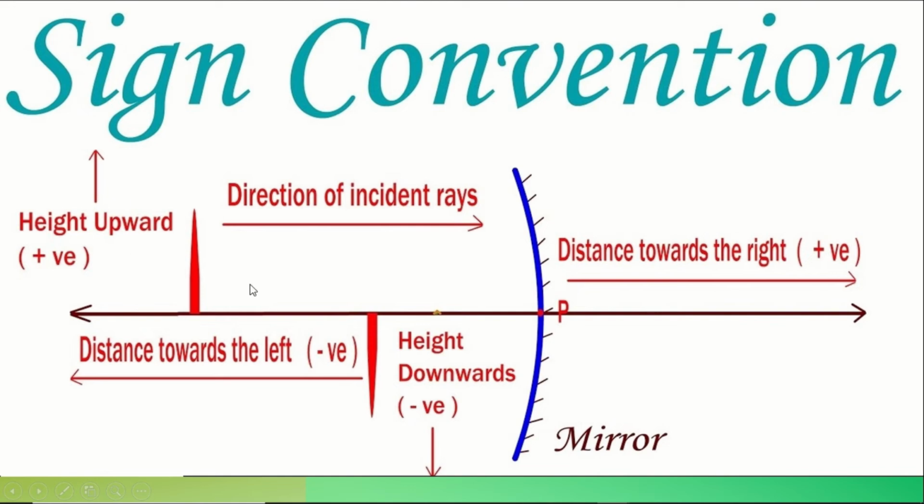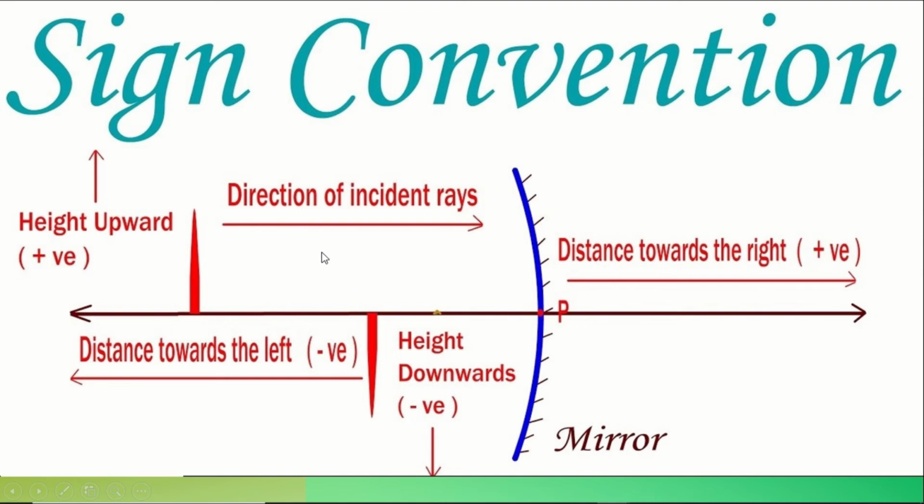So whenever in any problem the object distance is given, the object distance is taken as negative. For example, if the object is considered as a bus and the distance is given as 50 meters, then the object distance is given by minus 50, because the object is placed at the left hand side, and whatever is on the left hand side is considered negative.